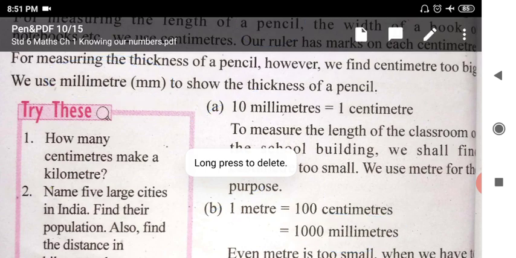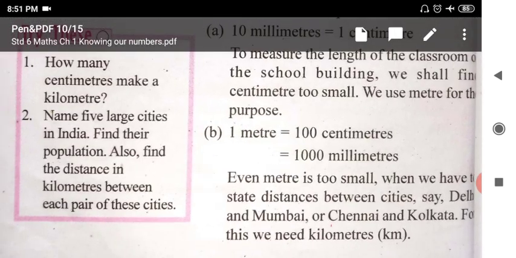Now again, this meter is too small when we have to find the distance from one city to another or from one state to another. For example, Delhi to Mumbai, Chennai to Kolkata. For measuring such distances, meter is too small.